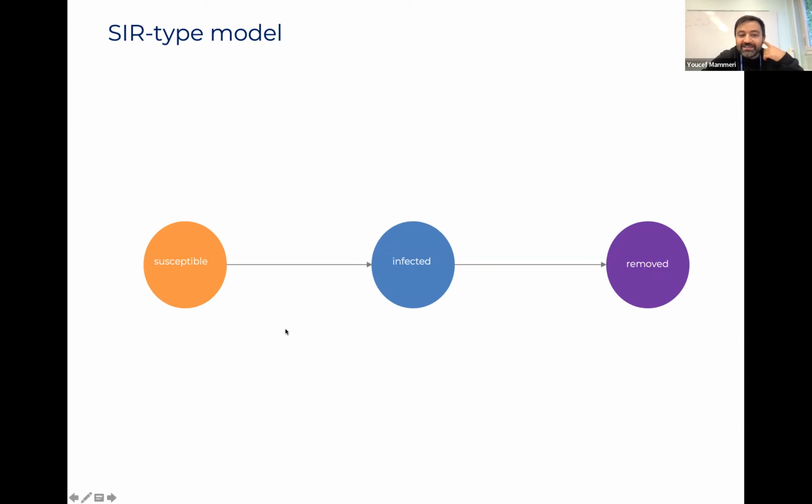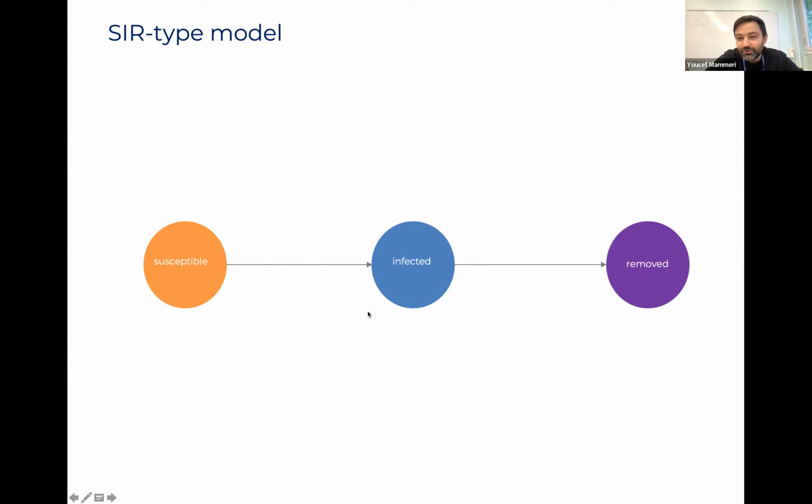And then, what is also hidden in the computation? If you want to control the epidemic, if I look just at the graph here, what does it mean? You are susceptible, you become infected, and to become infected, you have to be in contact with infected.